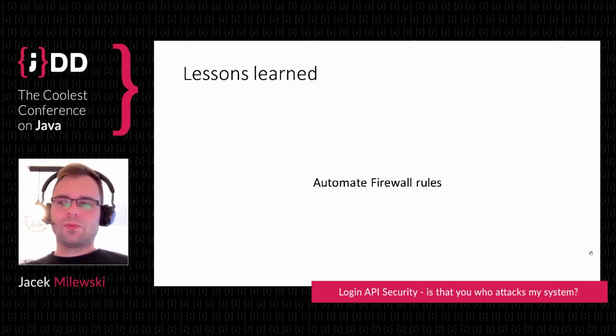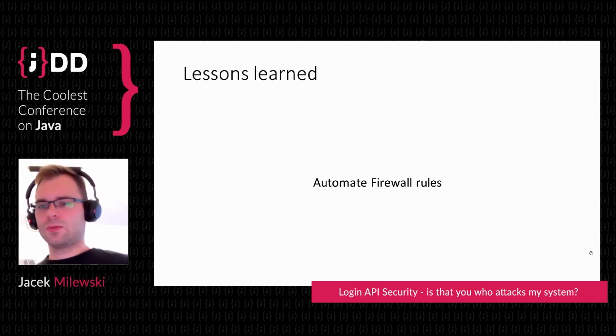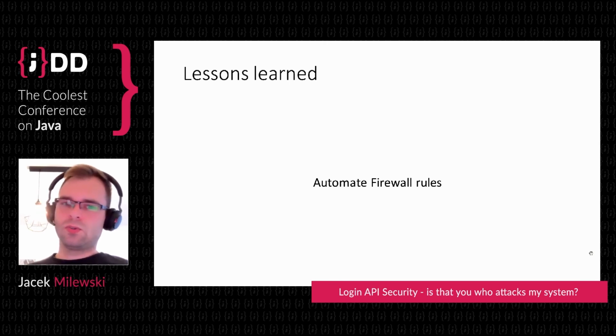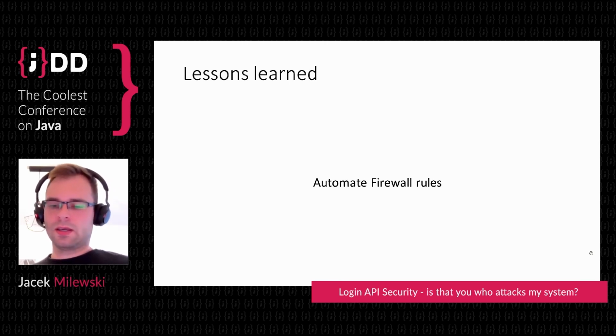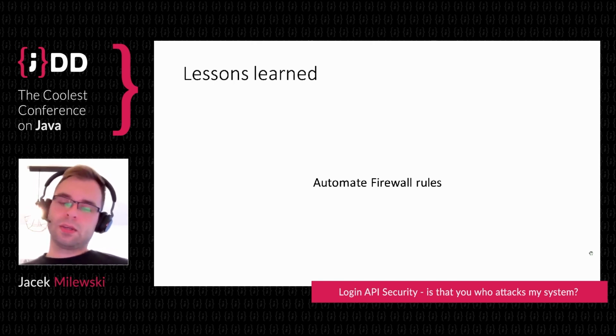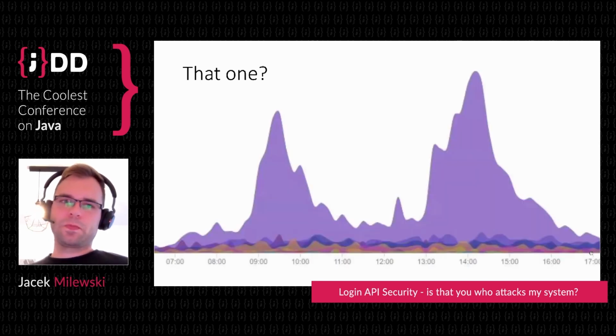Lessons learned: when we blacklisted and whitelisted countries manually, then we decided to do it automatically, right? We have our metrics, we have our alerts, we have triggers, and on this trigger, we enable blocking access control list, ACL, on the firewall on AWS that blocks the traffic.